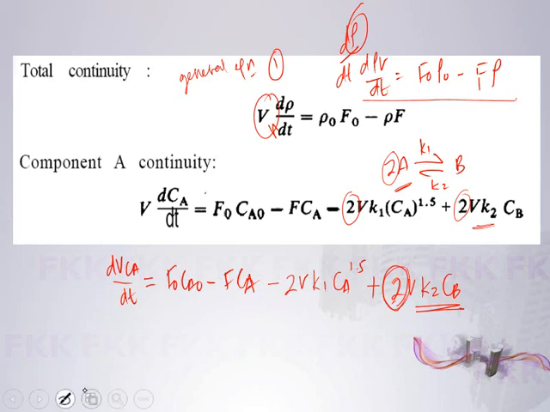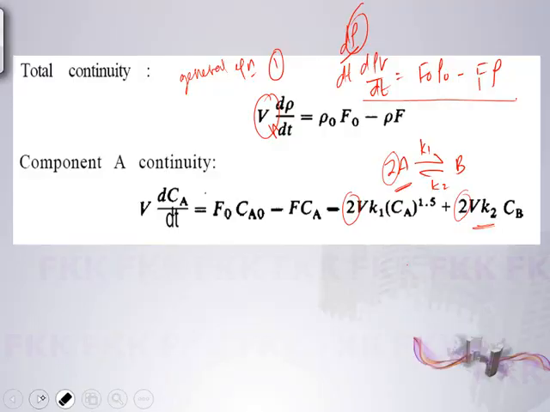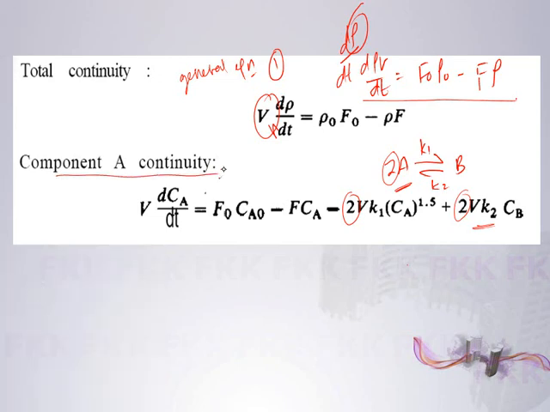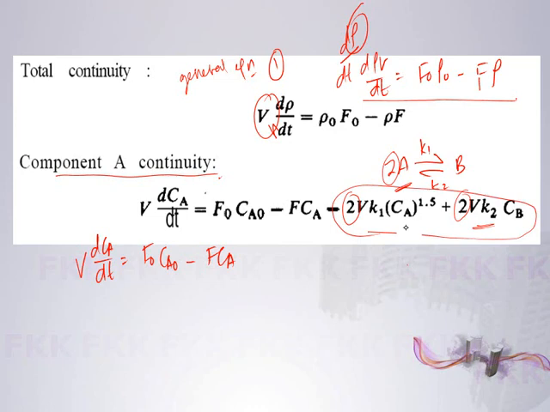Let me erase this one. So in here, this is the component quantity equation for A. So we know it's V dCA over dt equals F0 CA0 minus FCA. Now we are going to plug in the values for the rate of formation.